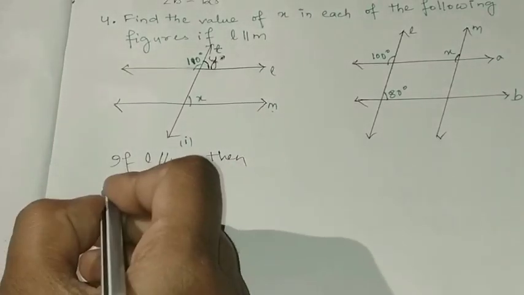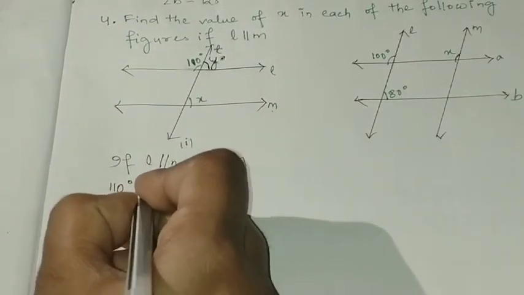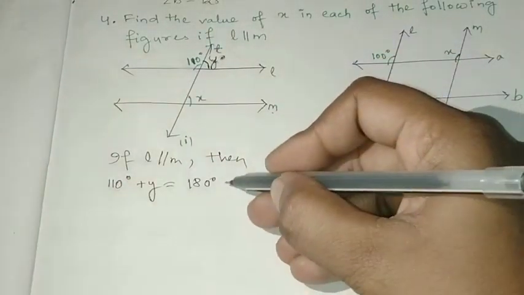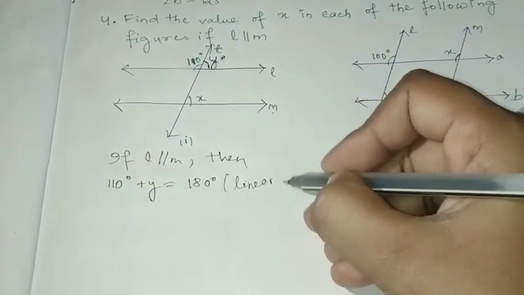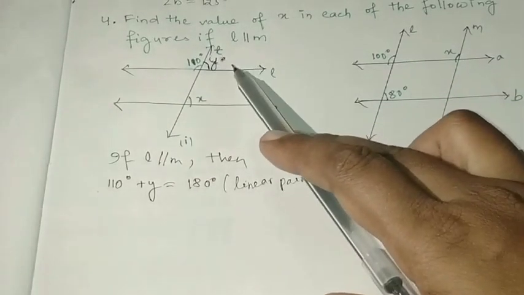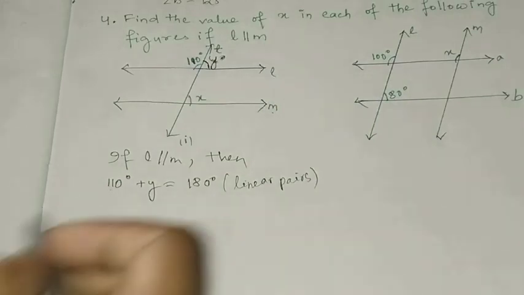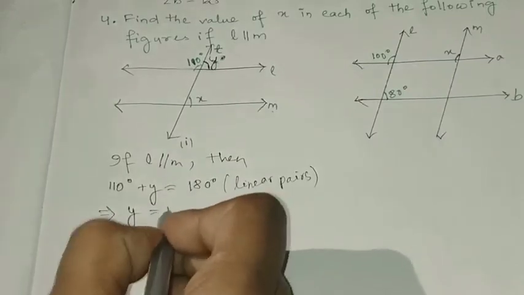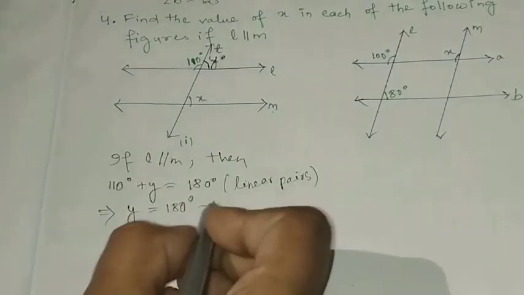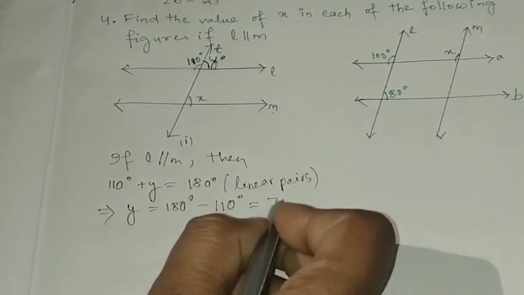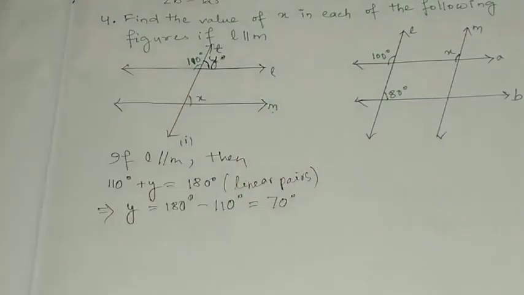So you can write 110 degree plus Y equal to 180 degree. Why? Because these are linear pairs. So we can find out angle Y. Y equal to 180 degree minus 110 degree. How much it is? 70 degree. So we get Y, that is 70 degree.